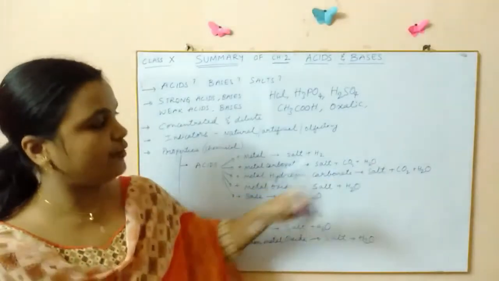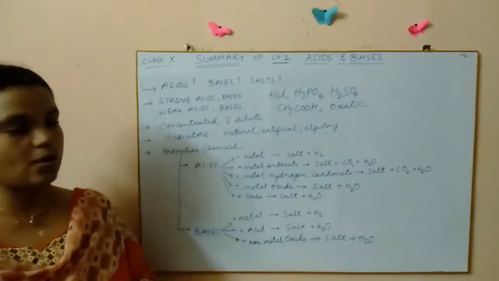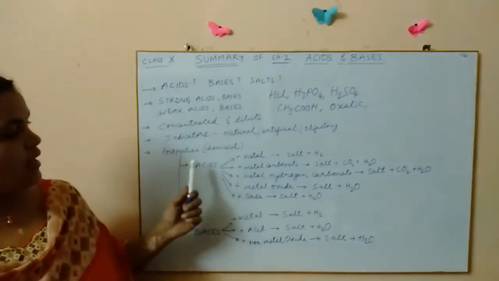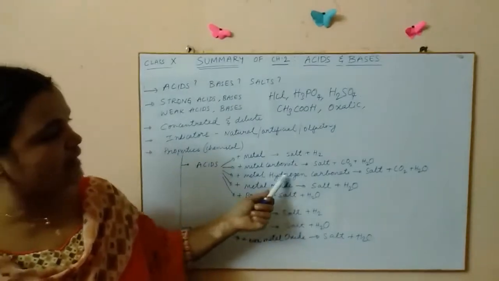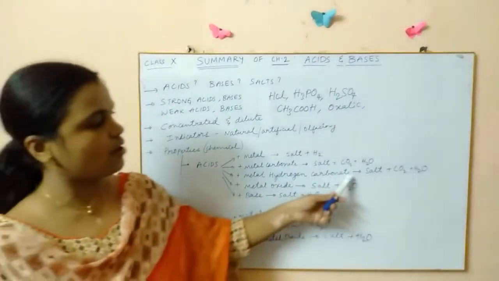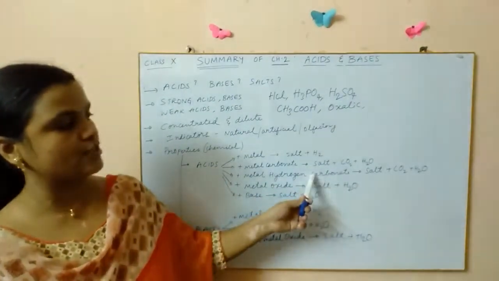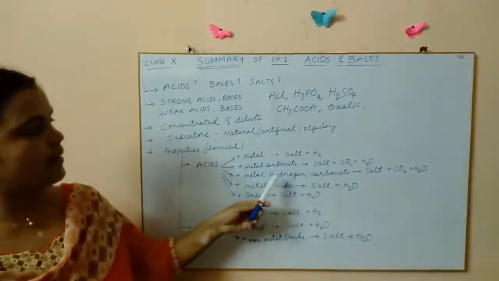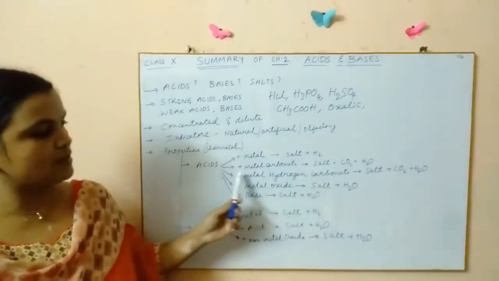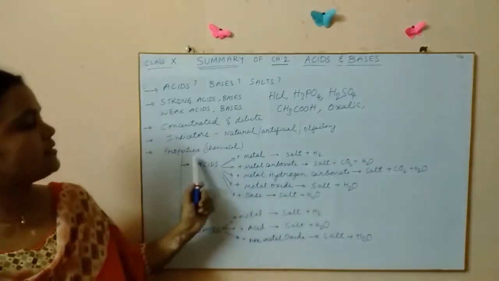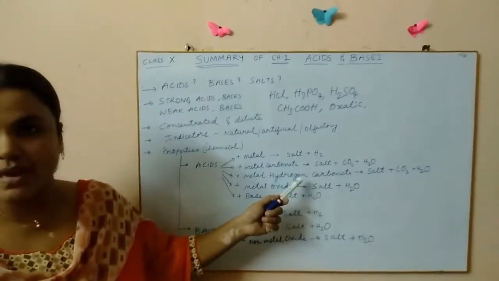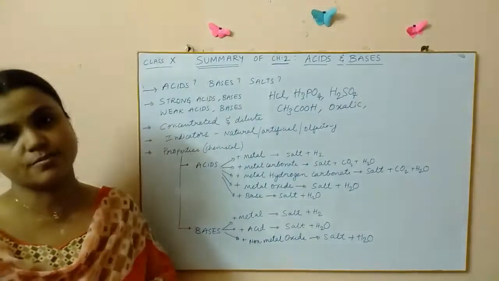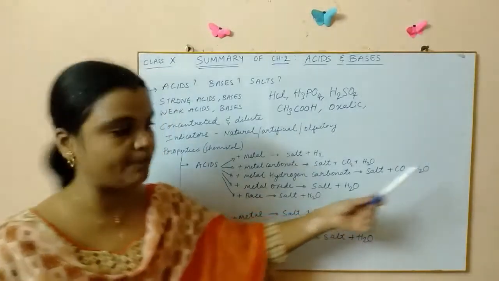Then we have water, which also gets released because neutralization is happening. Then we have metal hydrogen carbonate. Here also carbonate is present in the structure, which gets released in the form of carbon dioxide, and metal hydrogen carbonate also is basic in nature, and that's the reason why acid reacts with it. Whenever acids react with a basic substance, salt is produced along with water.